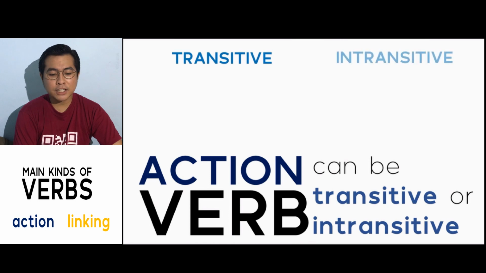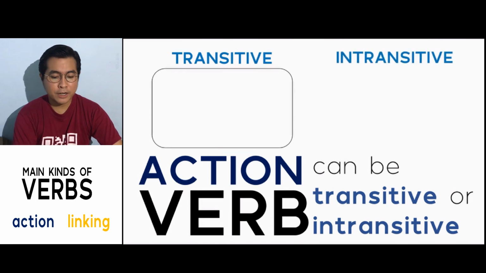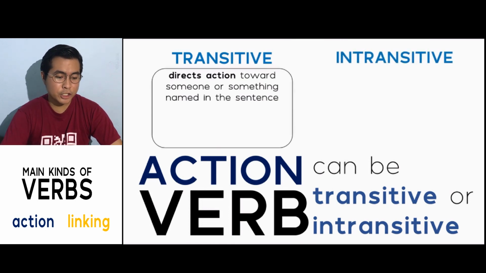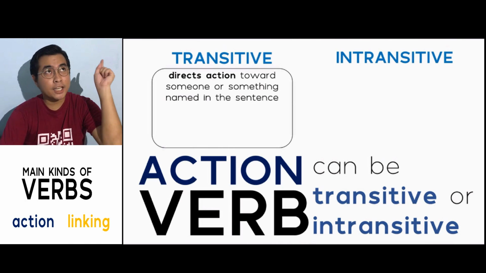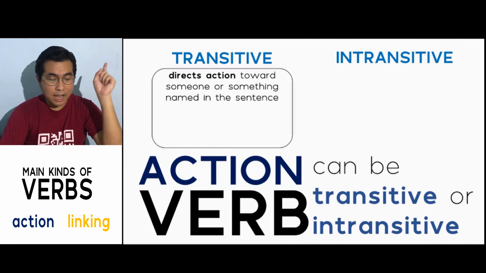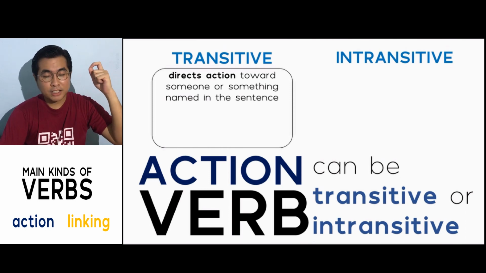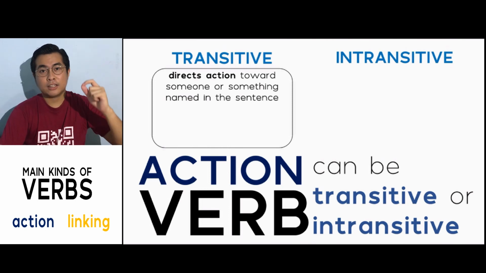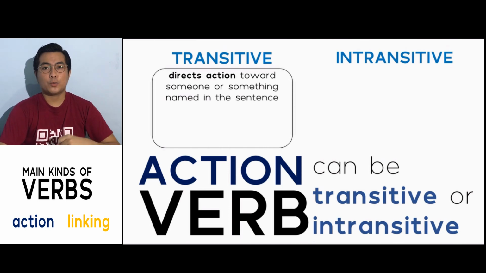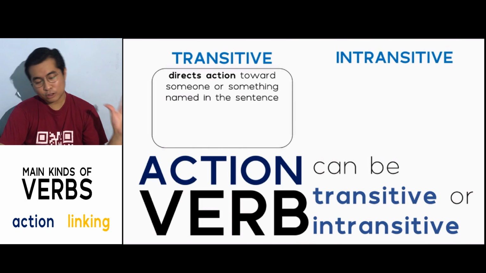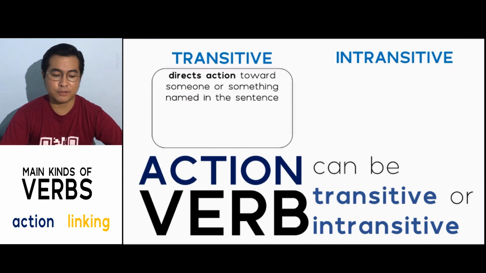For transitive and intransitive, we have to remember first their concepts, their definitions. A transitive verb directs action towards someone or something named in the sentence. I will be linking here the functions of nouns, because the direct object is discussed there, so we could always go back to that to understand transitive verbs.